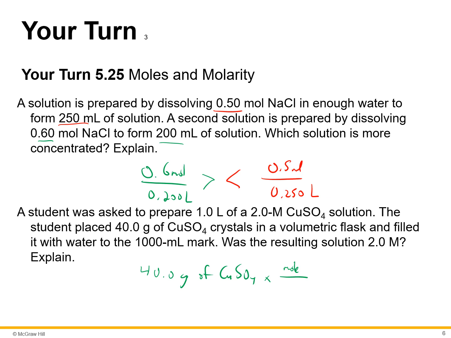We get a molar mass of 143.5 grams of CuSO4. So once you have the moles, you will divide by the volume, which is 1 liter. And I'll let you decide if it's greater or less than 2.0 molar when you do this math.